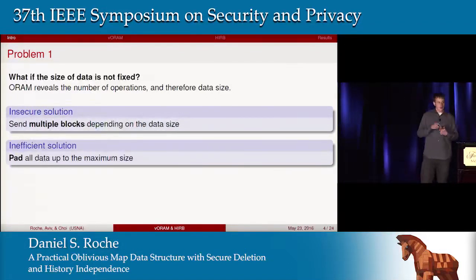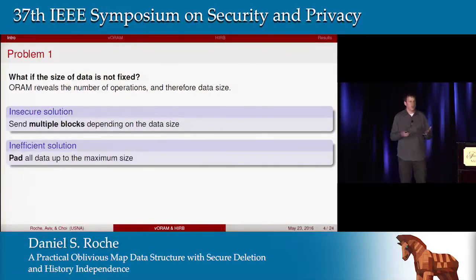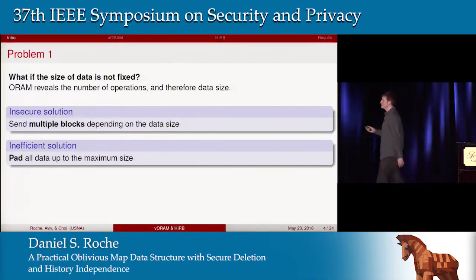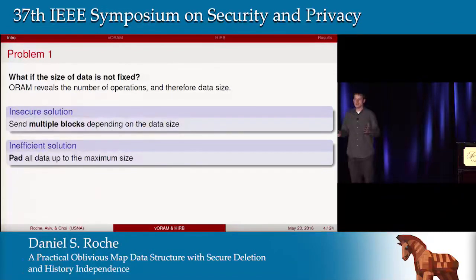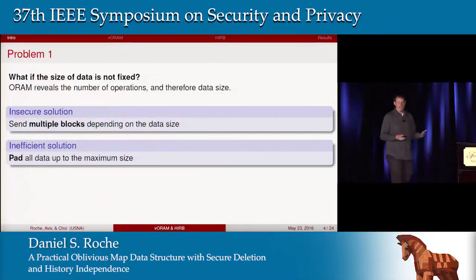Well, what ORAM leaks is the amount of operations that you're performing on an ORAM. So it's oblivious to what the access patterns are, but an attacker can see how much communication you're doing, and from that can say exactly how many operations you did. So if you just break up your large files into some number of blocks, well, now there might be a correlation that can be done between the size of the file, the size of whatever you're doing, and when you did that.